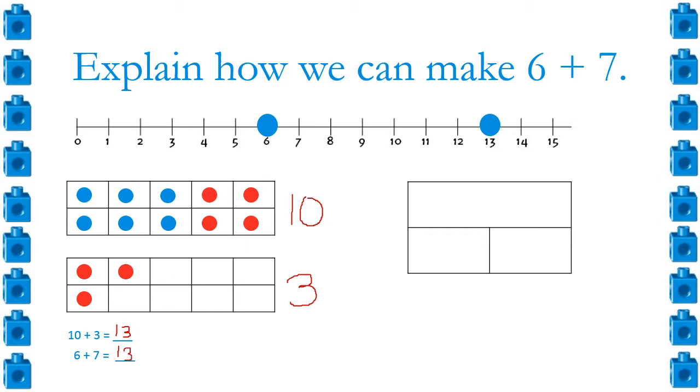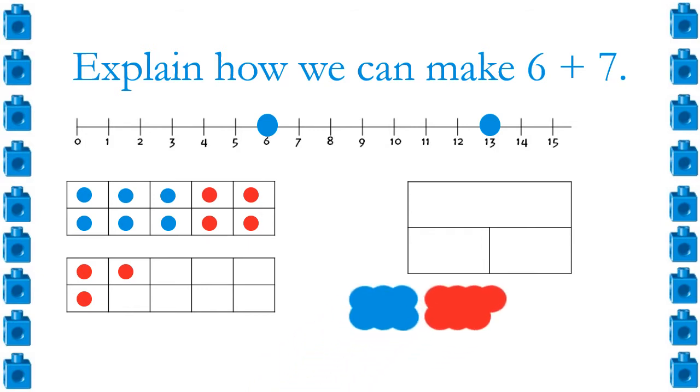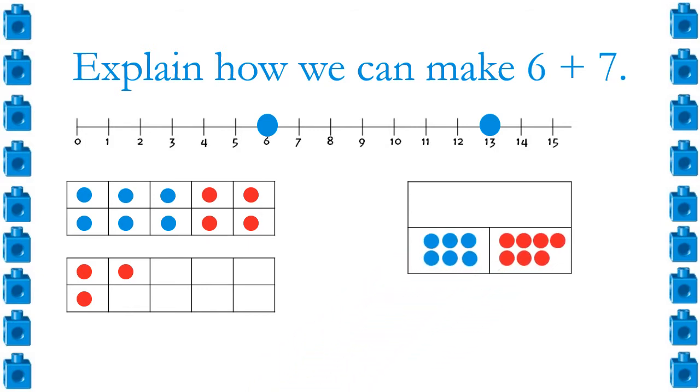So we've done it with our addition facts table, and we've done it with a number line. We have also shown it with our 10 frames. What about this diagram over to the right, the bar diagram? Well, we know that a bar diagram has the parts at the bottom and the whole number at the top.